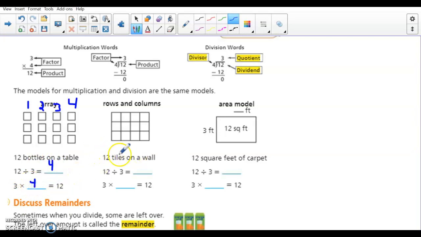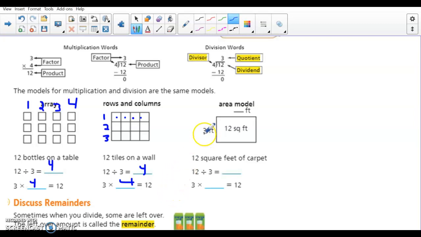That same thing applies to tiles on a wall, right? I want to know how many rows, if I split my tiles into 3 rows, how many are going to be in each row? Well, here's row 1, 2, and 3, and each one has 1, 2, 3, 4. So you get the same thing, right? And the inverse is also 4, okay?